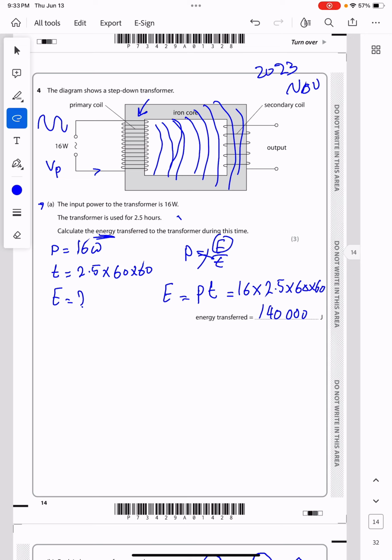Now what's going to happen? This is electromagnetic induction. We will have a voltage that is being induced because of the changing magnetic field.